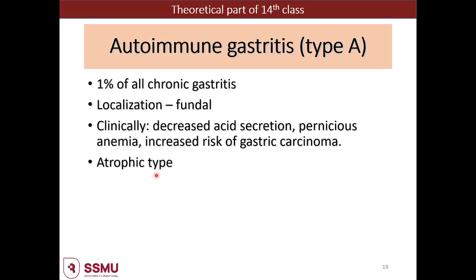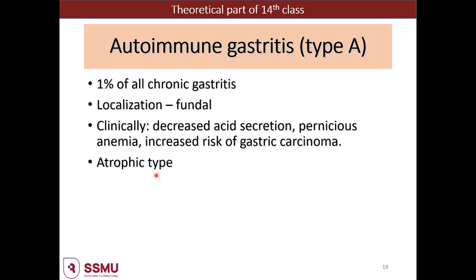Autoimmune gastritis, or gastritis type A, is a really rare condition, and we may see it in only 1% of cases of chronic gastritis. It is localized in the fundal part of the stomach.